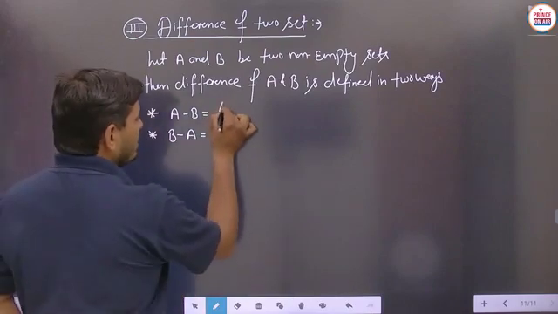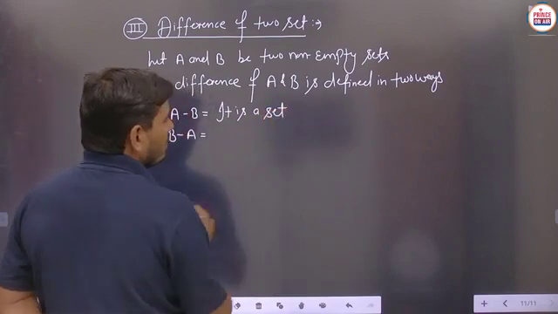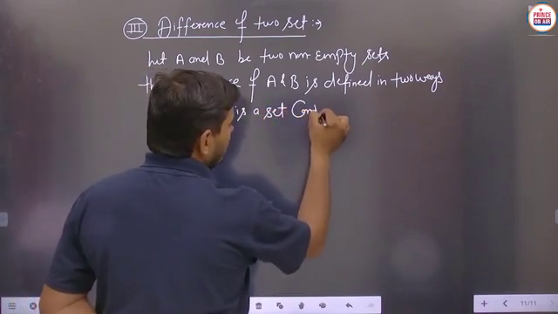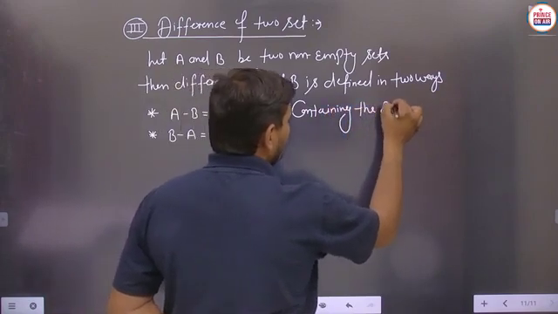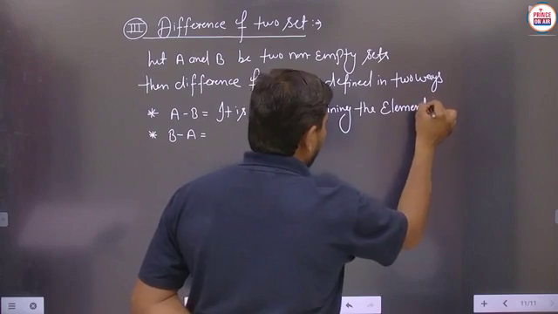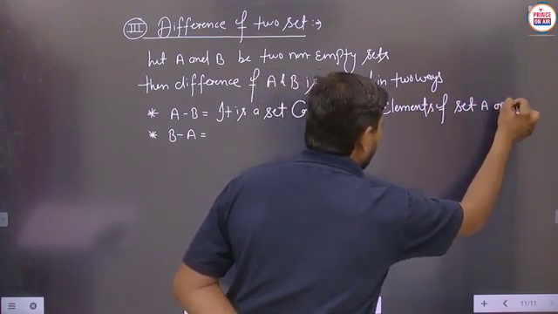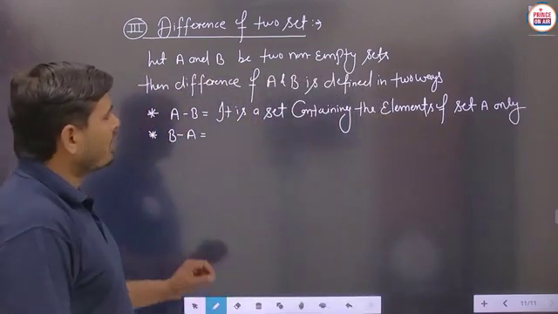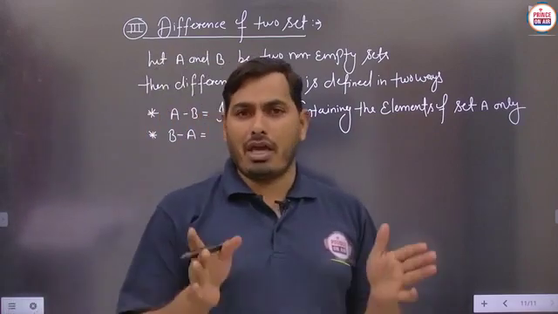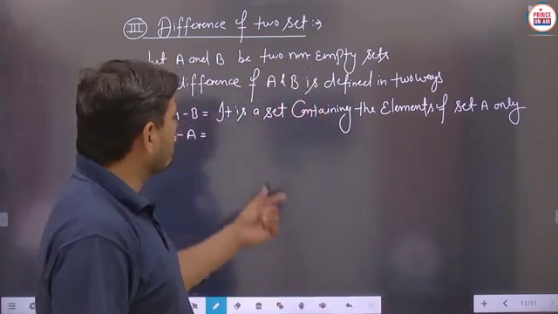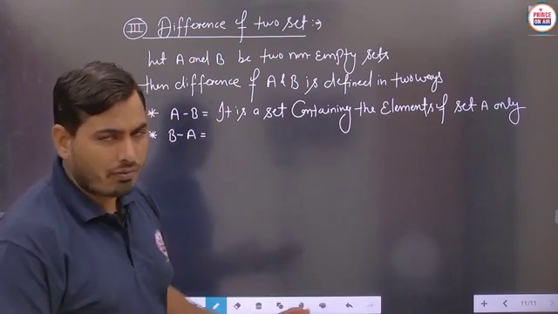So it is a set containing the elements of set A only. This is very important, because this set does not contain any element of B. You can say that it is a set containing the elements of set A only, not of set B.